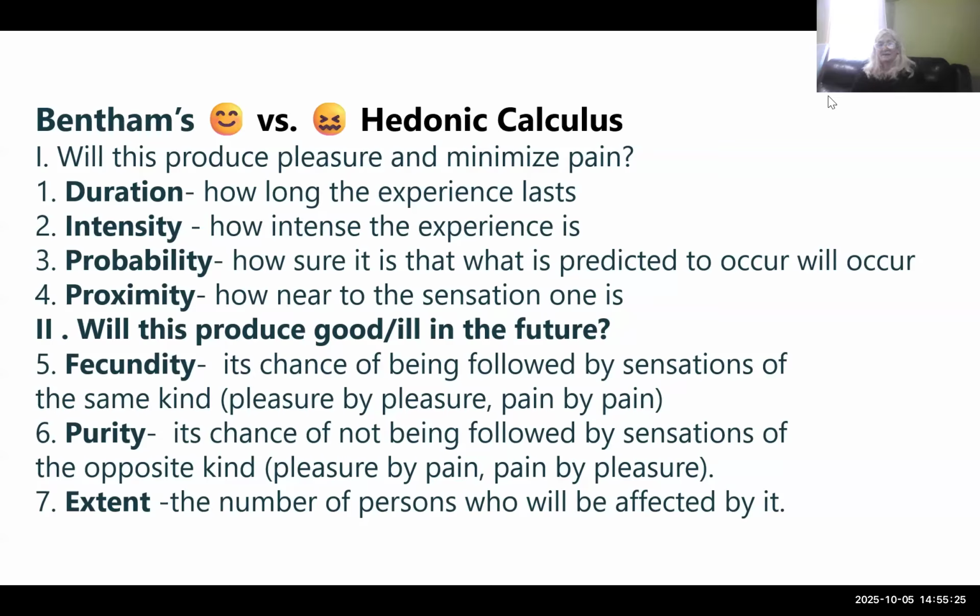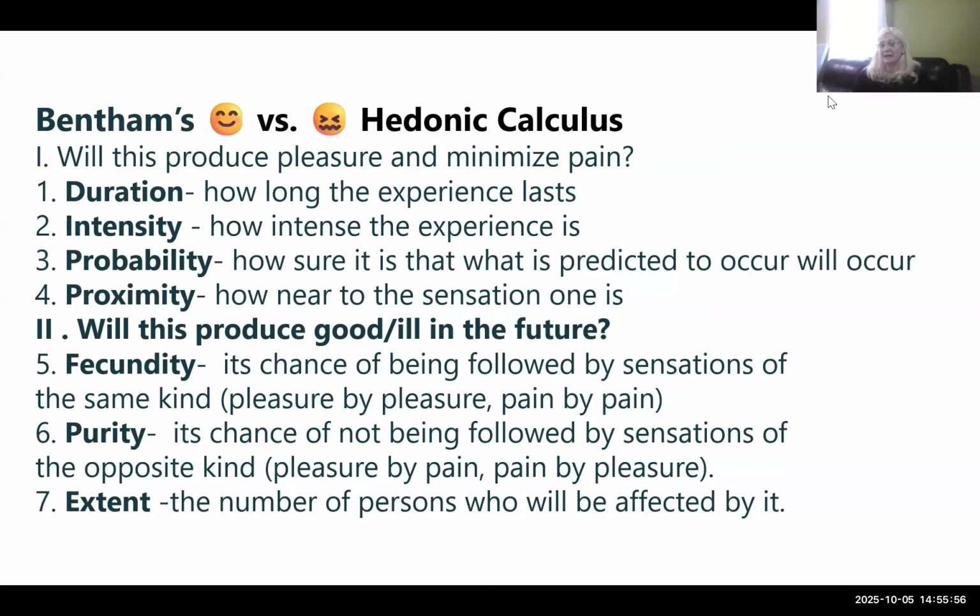So he created what we call the hedonic calculus, hedonism meaning the goal of pleasure. First, when we're thinking about something that might cause pleasure or pain, how long will that experience last? For the cakes, that's equal. All things considered, cake is cake. So the duration of cake pleasure or pain will be about equal.